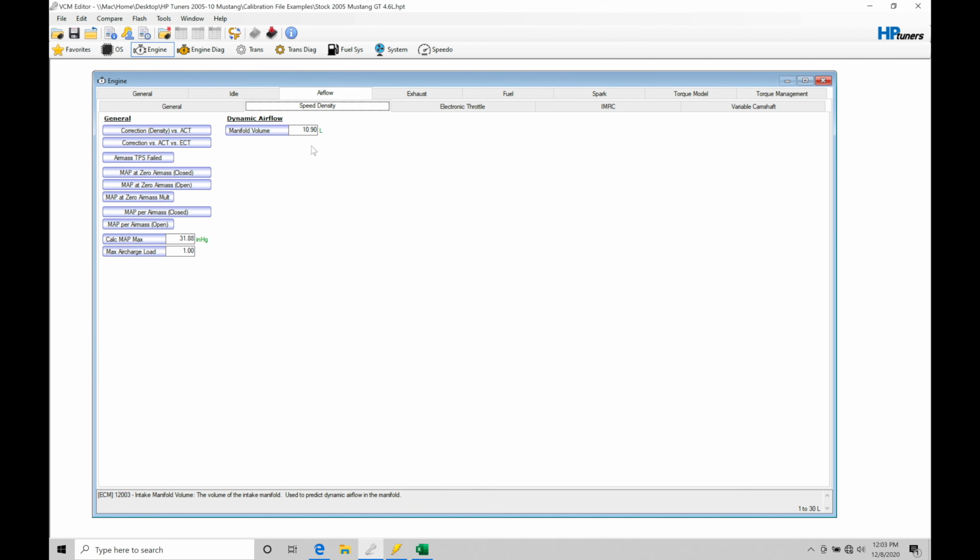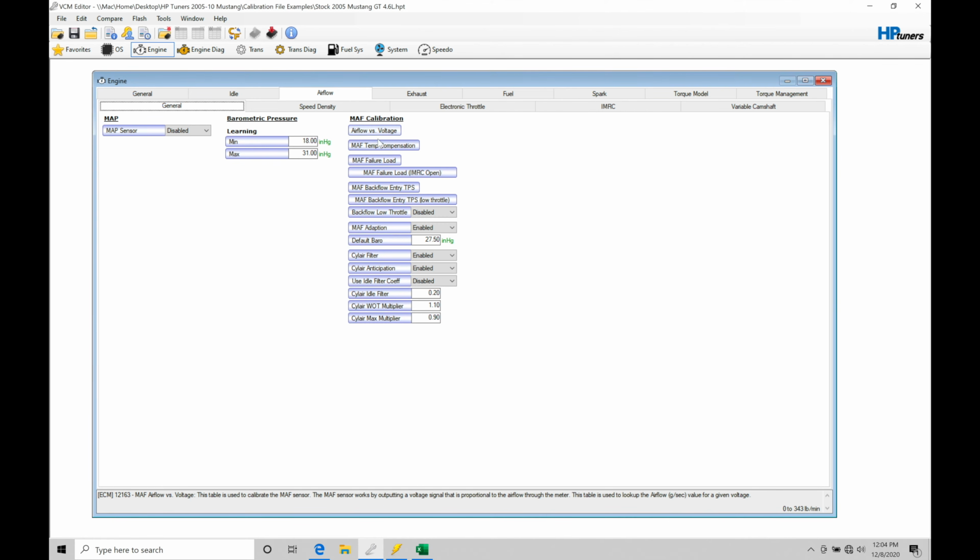So every time we go in and reduce the manifold volume, we'll find that the transient fuel will kick in quicker and it'll have a higher magnitude of a multiplication factor against whatever the injector pulse width being calculated, either from a speed density calculation or from our mass airflow curve here within our airflow modeling.